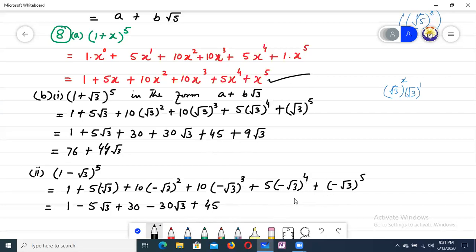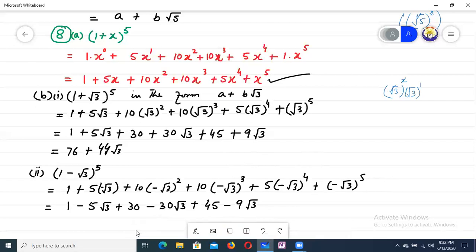Then the last one here will be minus 9 square root of 3, but as the power is odd, the negative base will be negative.